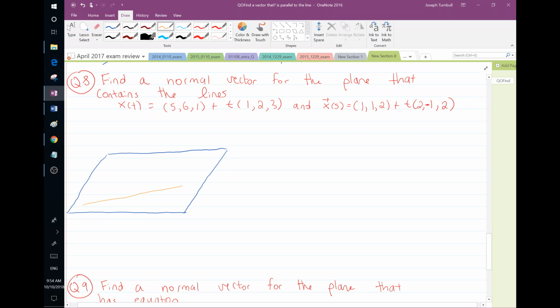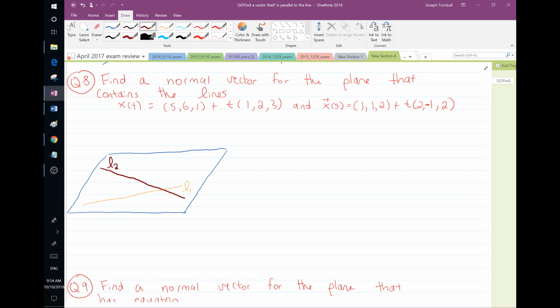There's the first line, line 1, and then there's a second line, line 2. It doesn't really matter if they cross or not, or does it? Yes, it should cross. Make them cross. L2. So those are the 2 lines that are sitting in the plane.